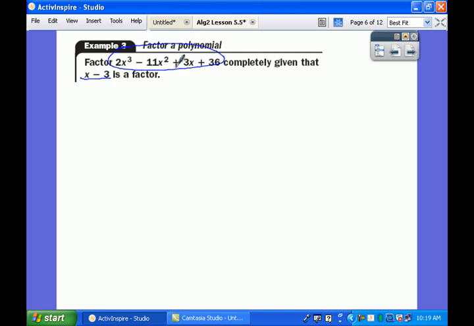Let's assume that the other 2 solutions are complex. At that point, there's no way for you to figure out what those solutions are unless we use long division and divide out this polynomial, 2x cubed minus 11x squared, and so on, divided by x minus 3. And when you divide that, what you're going to get is a quadratic equation. And now we can solve the quadratic equation using the quadratic formula.